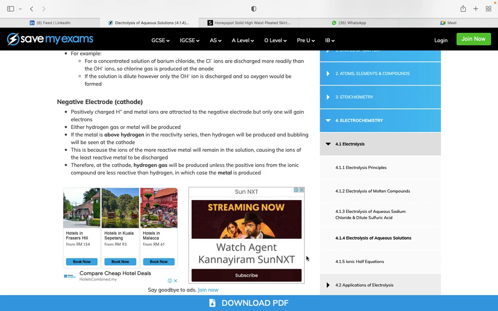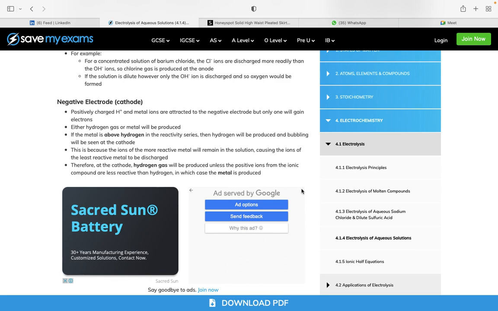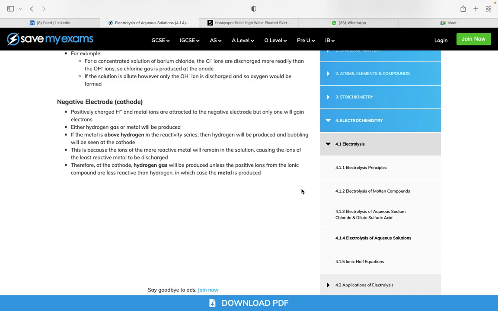So therefore, at the cathode, hydrogen gas will be produced unless the positive ions from the ionic compound are less reactive than hydrogen. A good example of a metal ion that is less reactive than hydrogen is copper. Copper 2 ion is less reactive than hydrogen, and also silver. Silver ion Ag positive is also less reactive than hydrogen. So for these two metals, they will migrate instead of hydrogen. Is that okay?